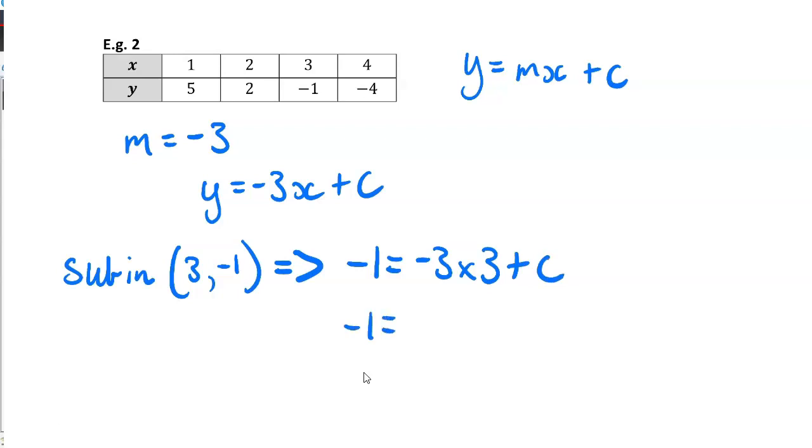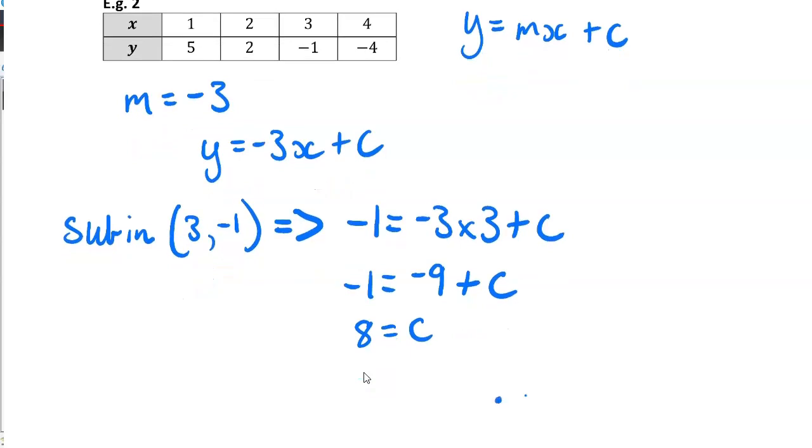So -1 equals -3 times 3 is -9 plus c. So now I have to add 9 to both sides. So that gives me 8 equals c. Therefore, y equals -3x plus 8.